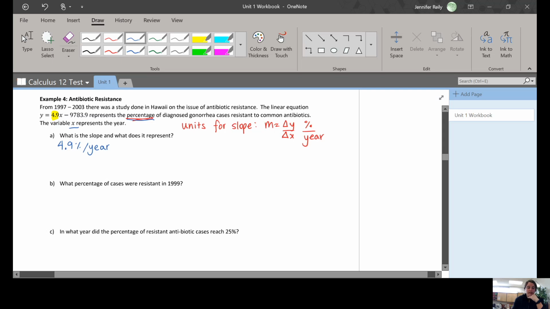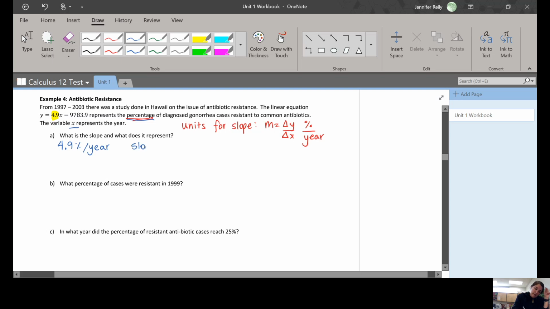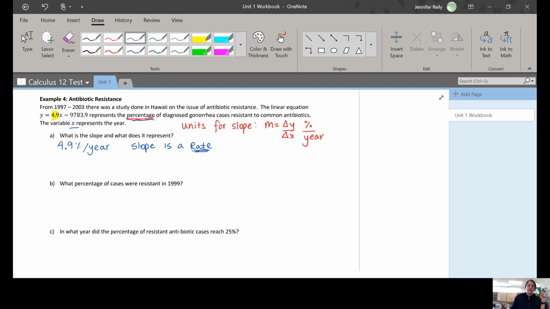And it represents the fact that the number of antibiotic cases is increasing. So slope is always a rate. I'll write that here too, is a rate. So it's the amount something is increasing by or decreasing by. So in this case, because it's positive, it's increasing.